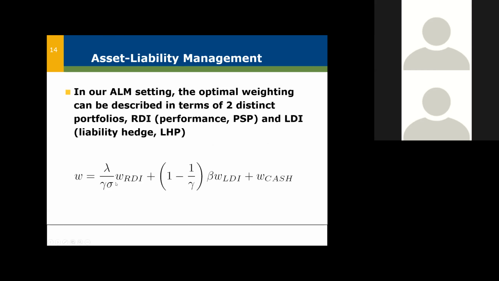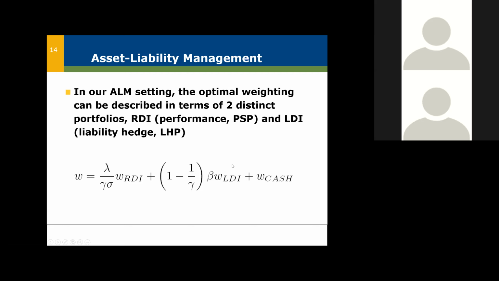This is the maximum Sharpe ratio portfolio, which you're very familiar with because we derived the weights for it. Remember, the weights are proportional to the inverse VCV matrix times the excess return vector. So that's exactly what that term is.